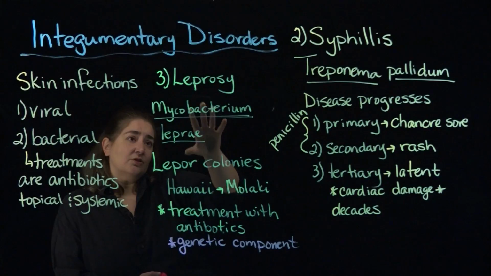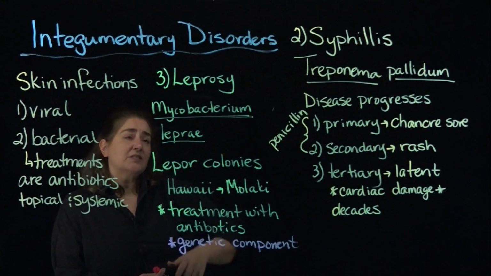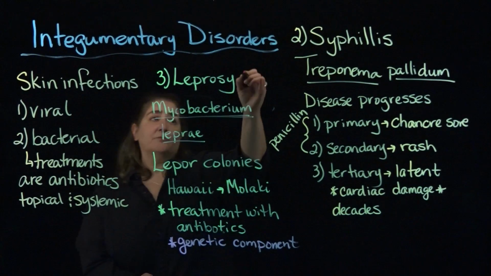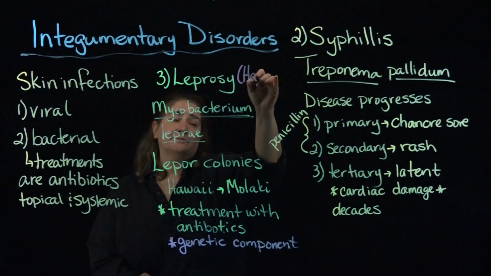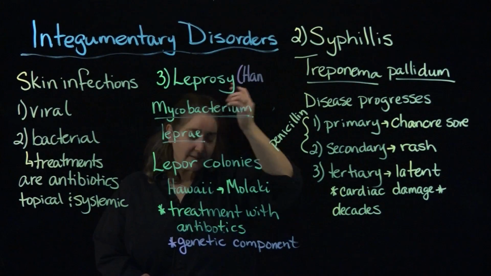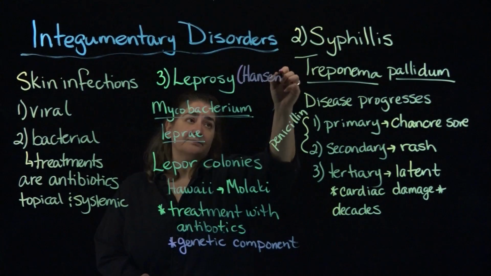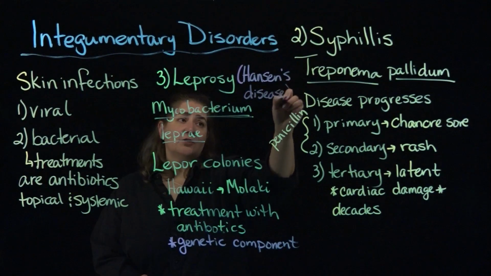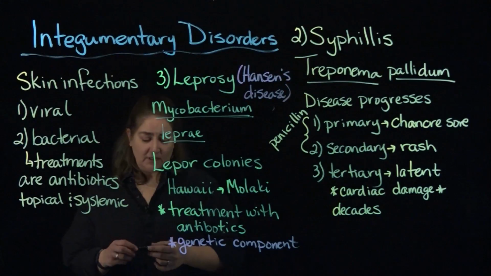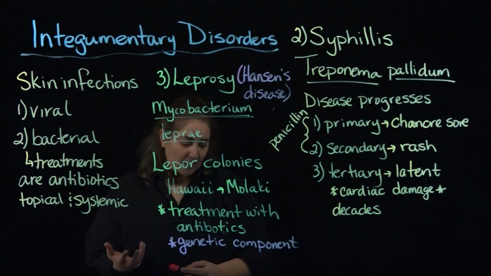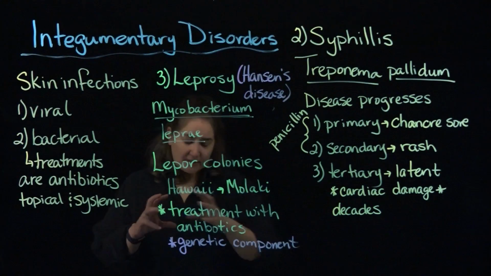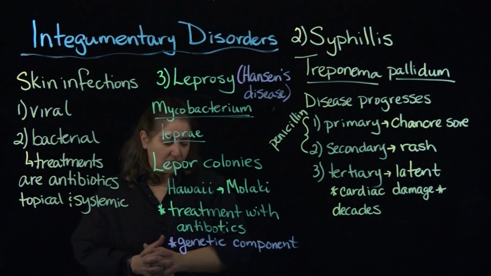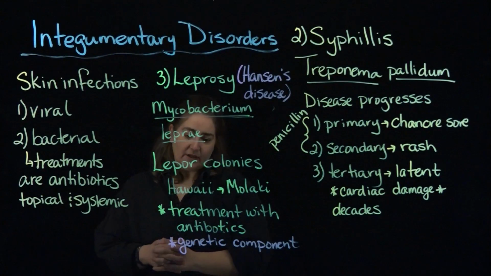But I do want you to know the infectious agent. Leprosy also is referred to as Hansen's disease. Again, for the individual who described the initial outbreaks or described the initial symptoms associated with leprosy, okay?